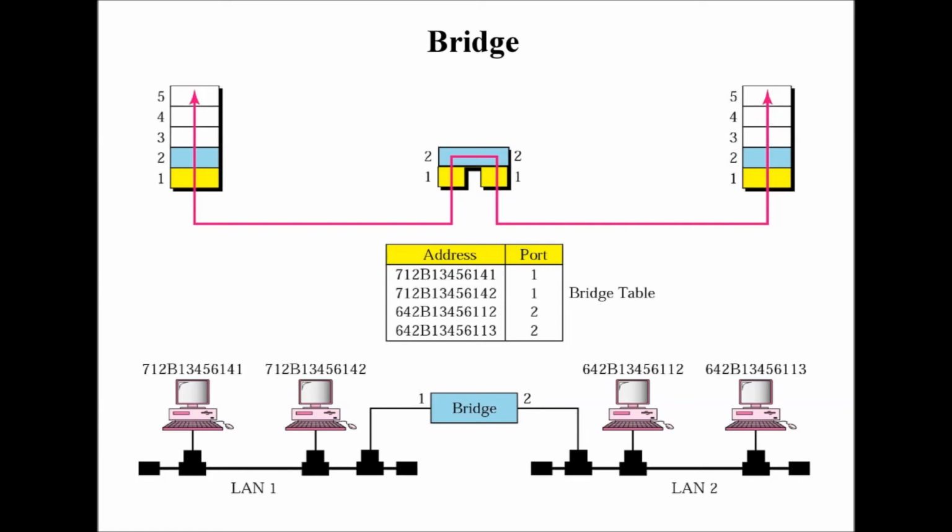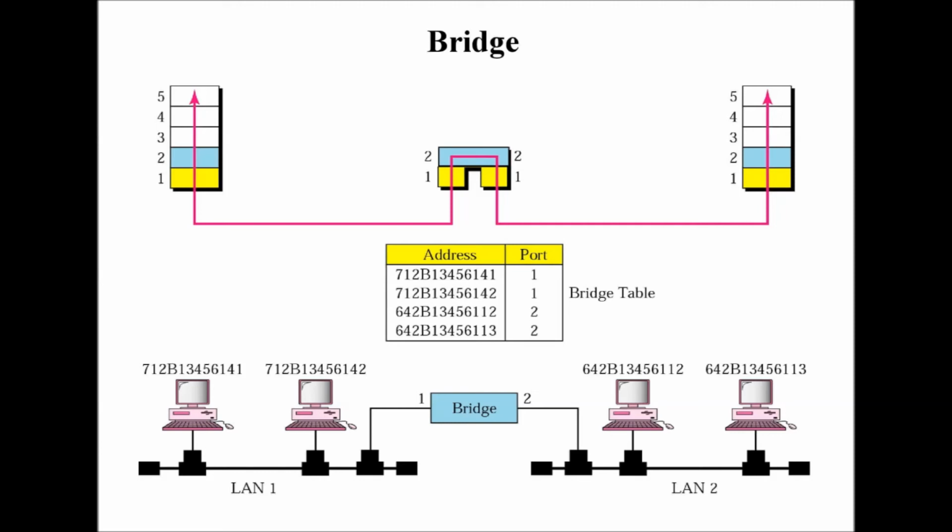Let's suppose in LAN 1 there are two devices, and you can see their physical addresses or MAC addresses, which are 712B 13456 141 and 712B 13456 142.